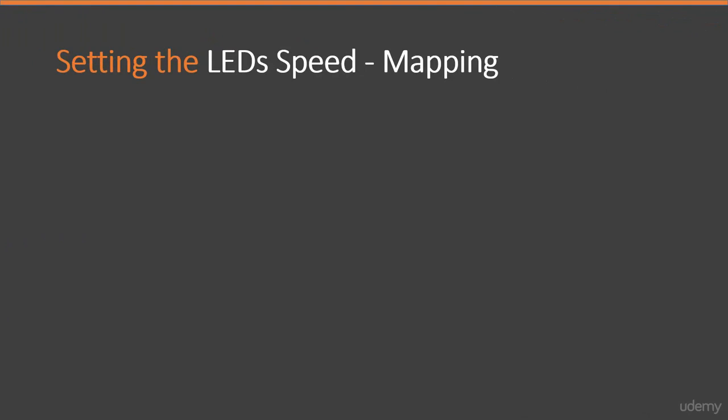Something that is less relevant for our specific case right now, but can be relevant to other sensor types that you may use in the future. We saw that the map function is useful for changing the start and end value of a variable. However, it does not limit them to only those values.